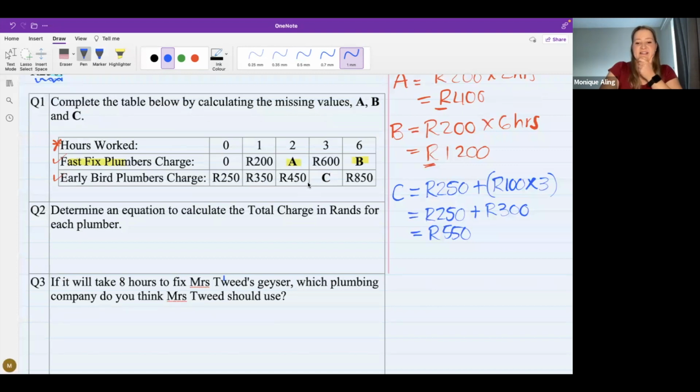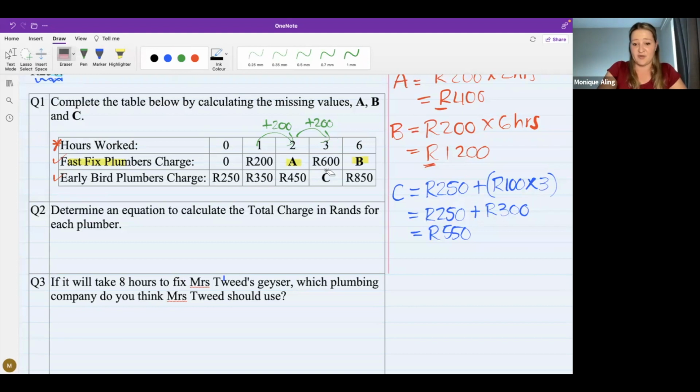Yes, a difference. Yes, and that's perfect. Thanks, Kia. 100%. So as you can see, with fast fix plumbers, for example, it keeps going up by 200 Rand. So that's also another way to look at it. Okay, but obviously not at the last step, because the last step jumps from 3 to 6 hours.